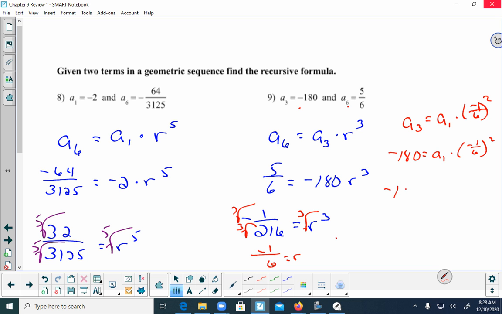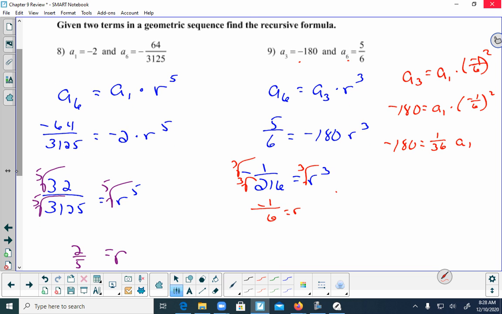So negative 180 is equal to a sub 1 times, this will be a positive 1 over 36. When I square that 1/6 and multiply both sides by 36, I end up with negative 6,480 for my first term. So my recursive formula is that my first term is negative 6,480.